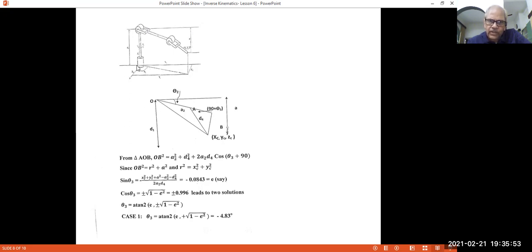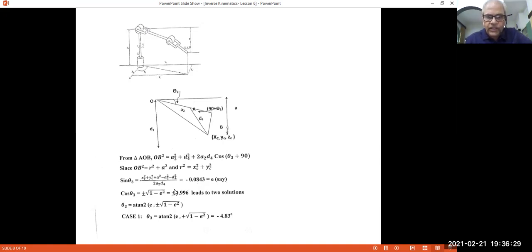This itself is xc square plus yc square. So this square is equal to this square plus this square minus 2 this into cos of this included angle. So based upon that, and also the other property of the triangle, you find out the atan2 of this, you take the total value and then subtract this value, you will get your theta 2.